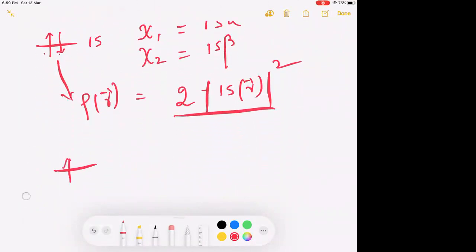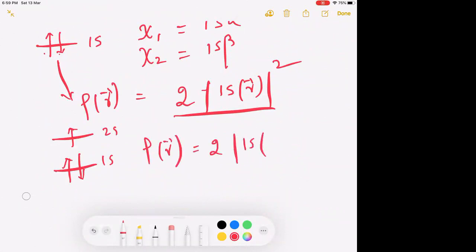I also gave an example of, let's say, the lithium atom, 1s and 2s with alpha spin. And here the density would be 2 times mod 1s of r squared plus mod 2s of r squared, because there is only one electron in 2s. So I multiply by only one.